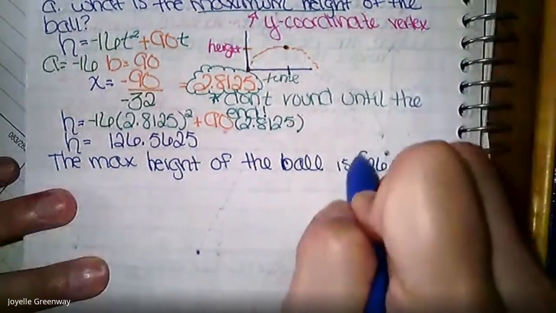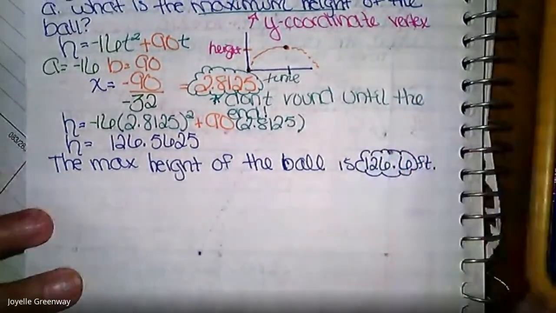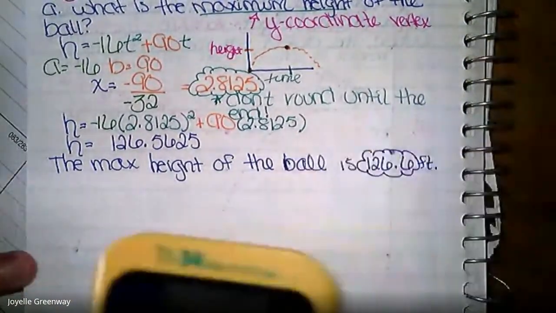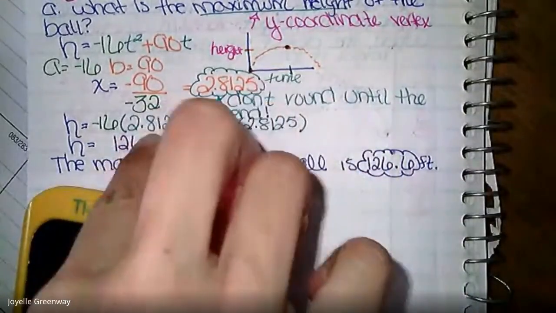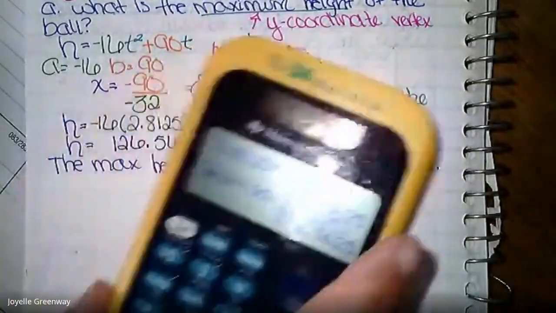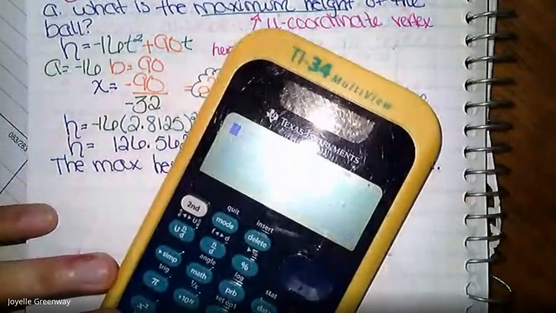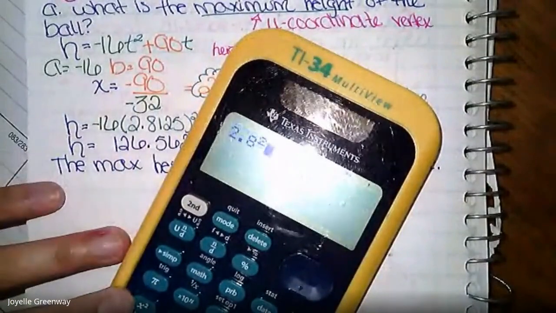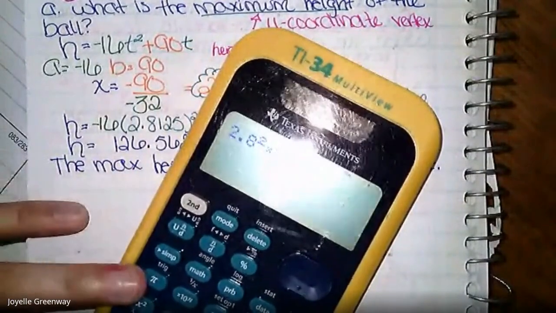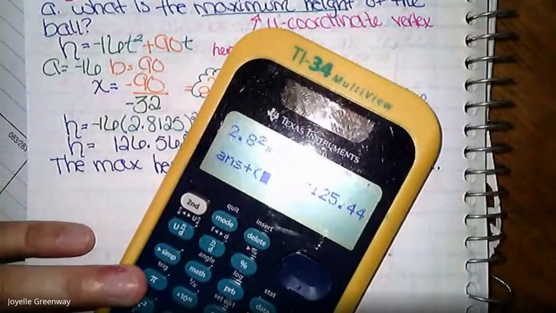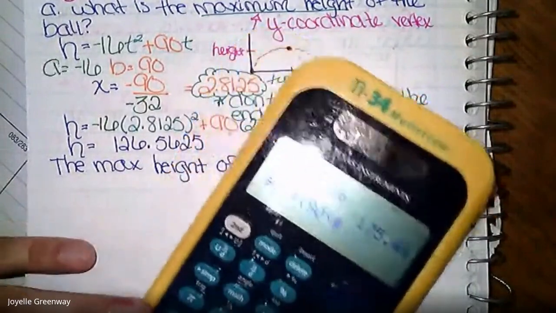Okay? So let me show you why it's important that we don't round until the end. Let's say I did 2.8, right? So I have 2.8 squared times negative 16 plus 90 times 2.8.